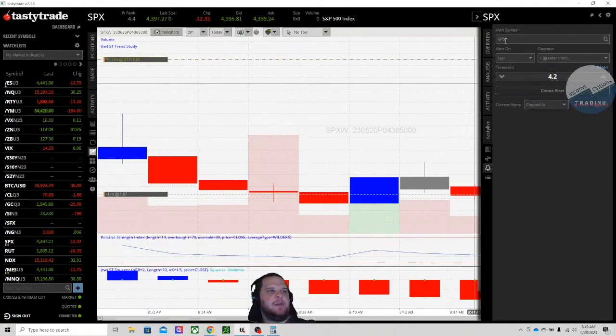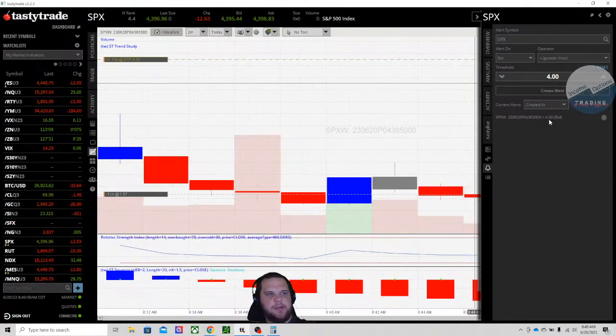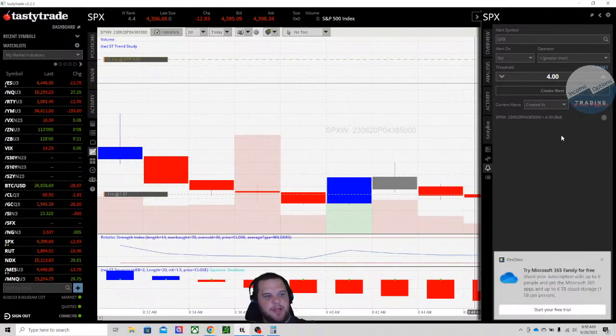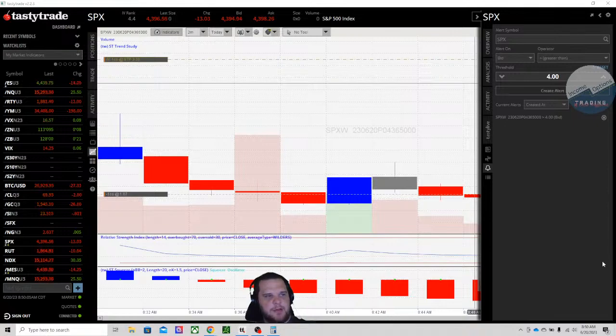And if the ask, or you can do the bid or the ask, whatever. Maybe I'll do bid and I'll do 4 instead. So if the bid is greater than $4, create alert. It'll alert me, and you can set up alerts for text or email or whatever. So this will alert me if that option gets to $4.